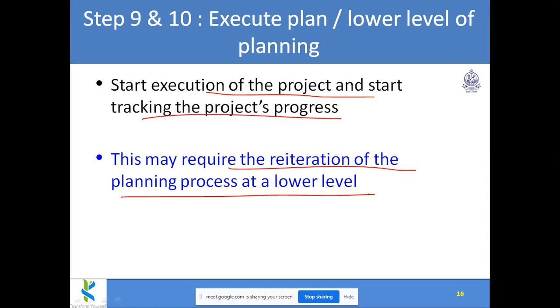We can reiterate, redo some part, or allocate some more resources, or more people, or give training if they are not doing it correctly. Means extra training we have to give and ask them to do. So all these will come under execution of planning and revising it. Accordingly, the plan can also be revised.